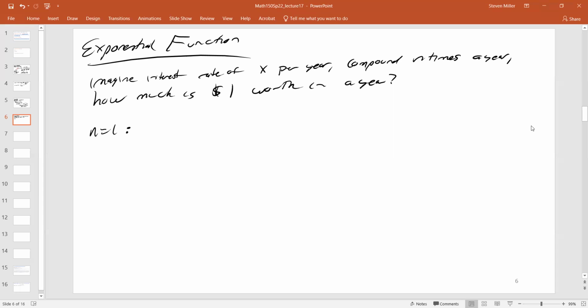So how would I write that in terms of 1 and X? So $1 goes to 1 plus X. You start with the $1, and then how much do you gain in interest?